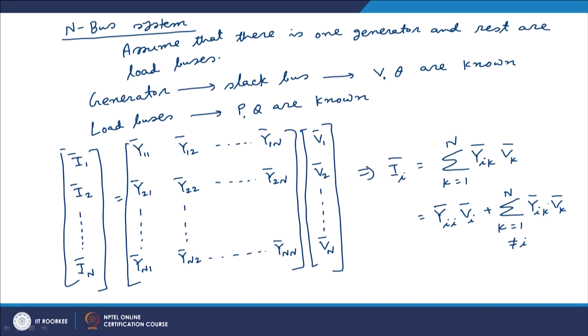Therefore, we can write Yii Vi is equal to Ii minus the summation over k equal to 1 to n, k not equal to i, of Yik Vk.